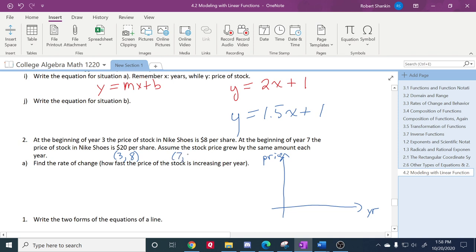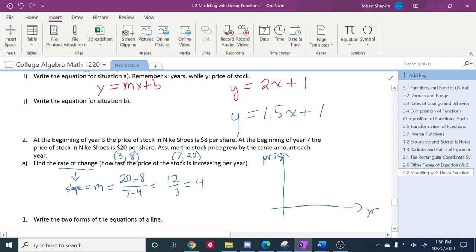Year 7, it's 20. So the rate of change is the same as slope. It's the interpretation of what the slope means. And it's the rise over the run. So 20 minus 8 over 7 minus 4, 12 over 3, which is 4.